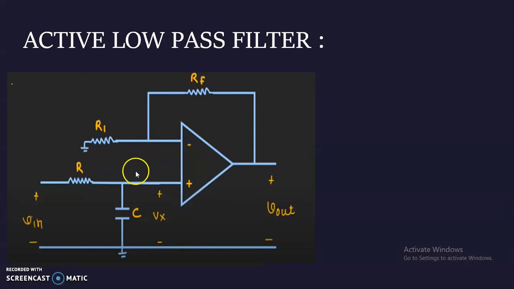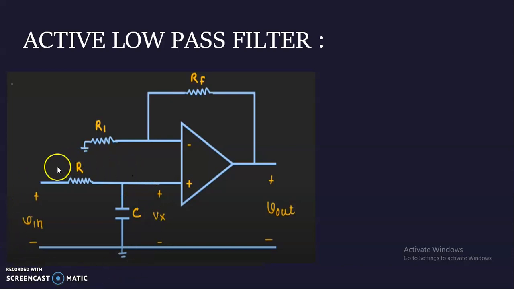So in this diagram, the op-amp is used in an amplifying configuration. It can also be used only as a buffer unit, just by shorting the inverting terminal of the op-amp with this terminal. So in this case, we are using it as an amplifier.